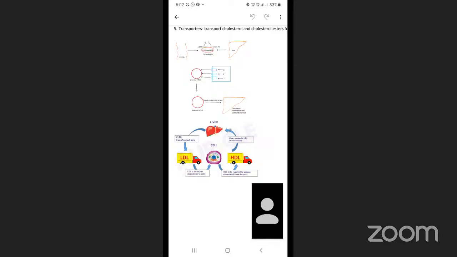They will be internalized, and as a result, you will end up with spherical HDL3.